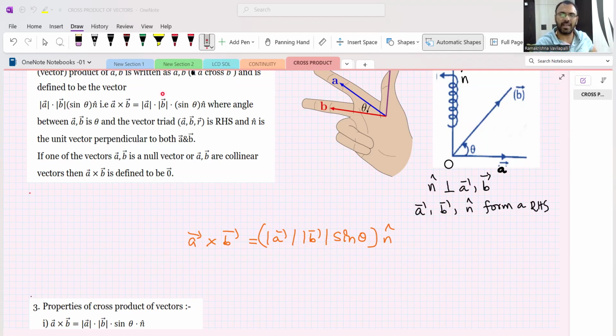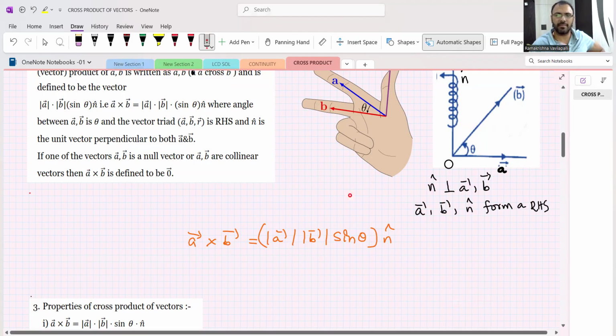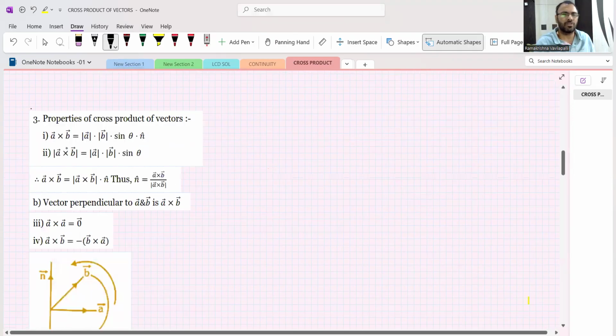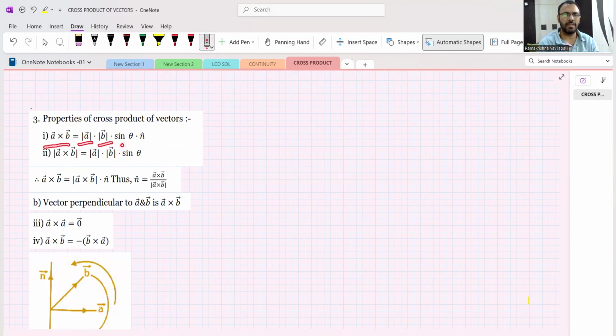So once again, n cap is nothing but the unit vector perpendicular to A bar and B bar. This is the definition: A bar cross B bar is equal to mod A, mod B, sin theta and n cap.